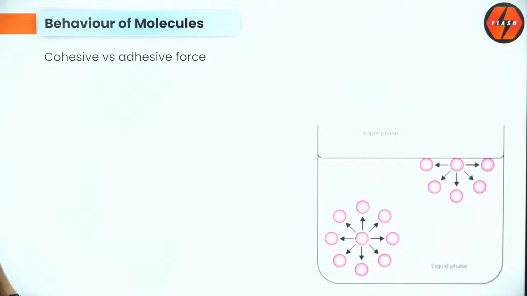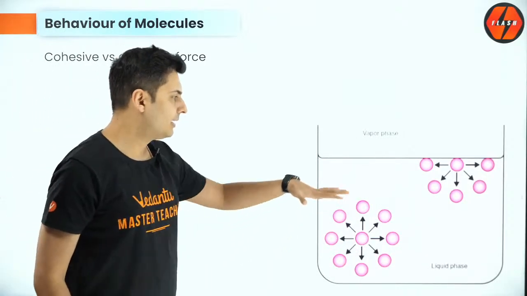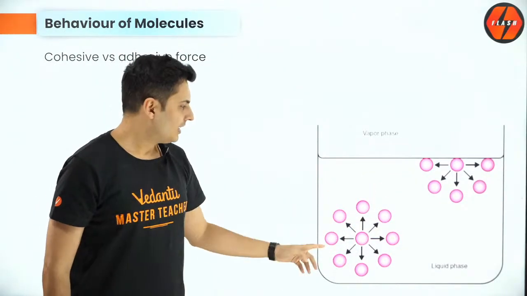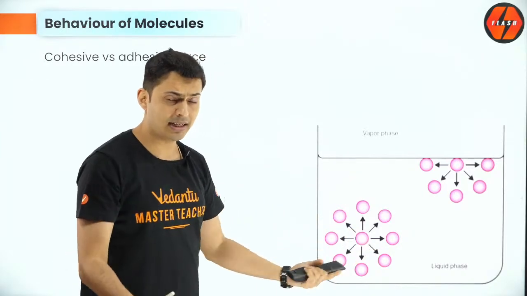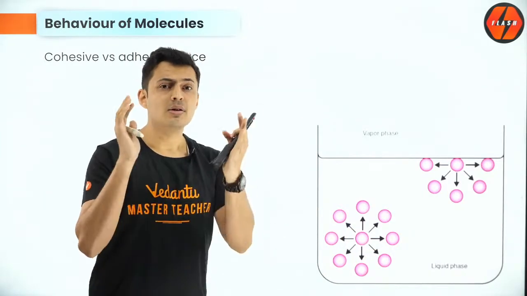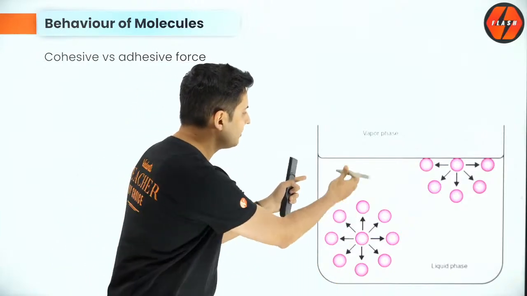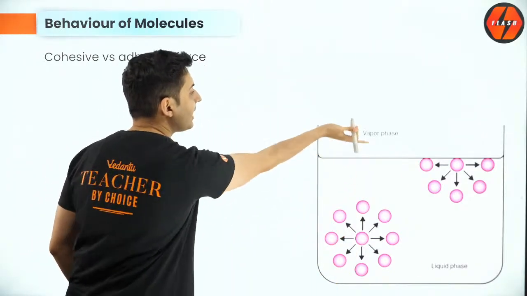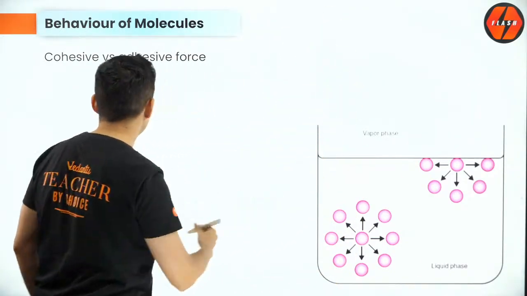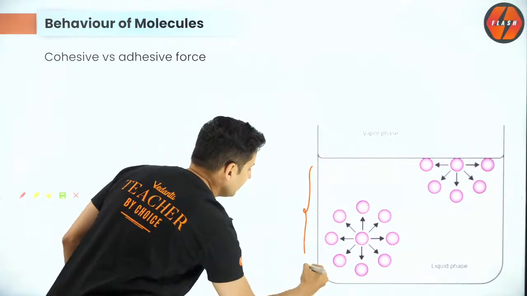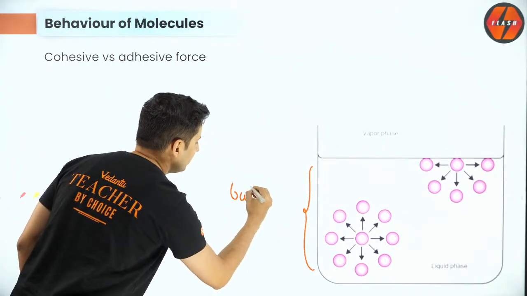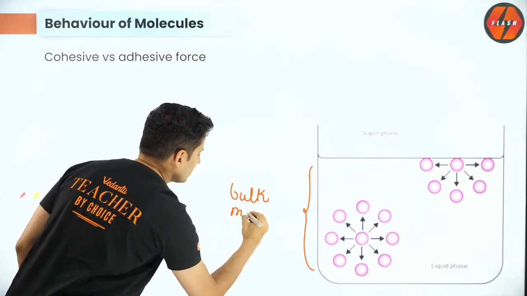Now, what happens in the case of a liquid kept in a container? Think about a molecule deep inside it. In fact, I am going to categorize two kinds of molecules. Molecules which are deep inside the liquid, away from the gaseous state, are called bulk molecules.